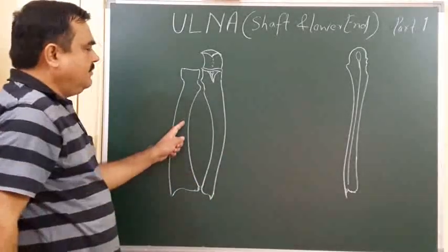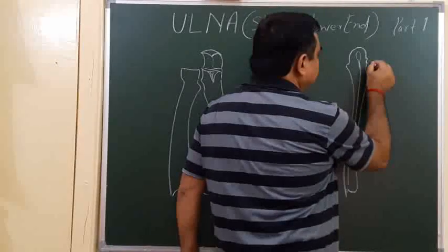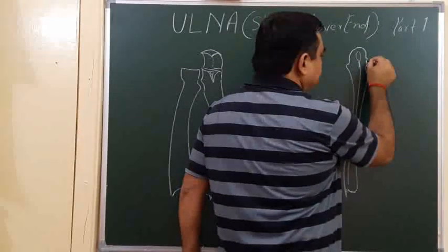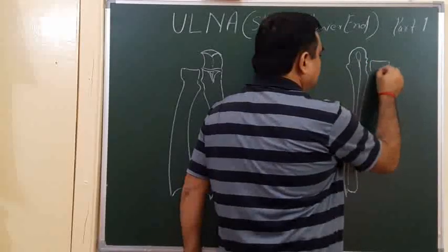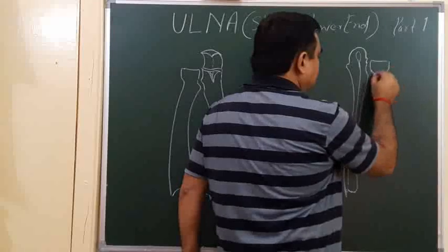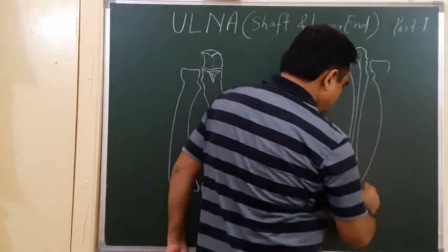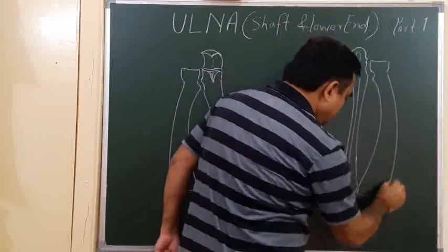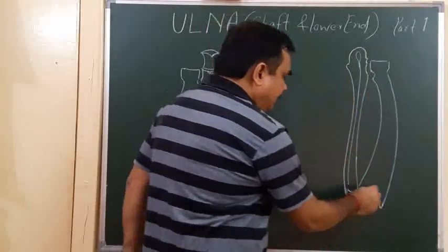This is the anterior view of the radius. This is the posterior view of the radius.